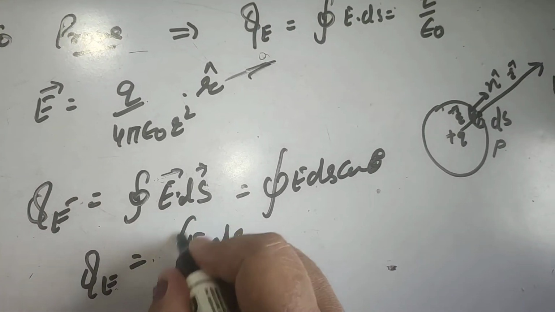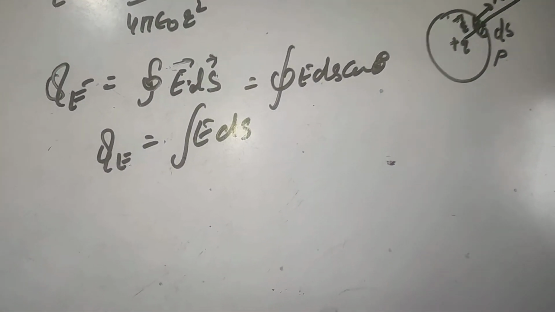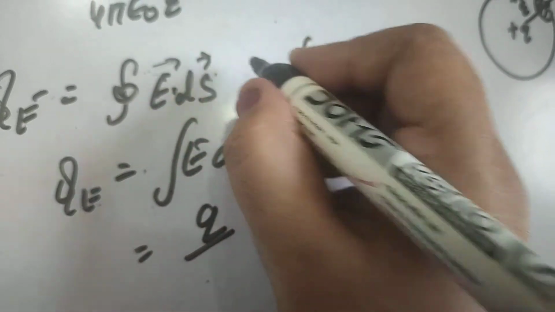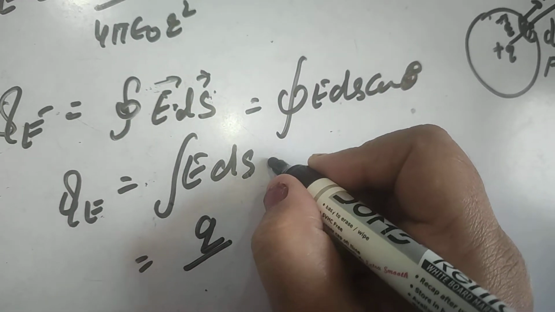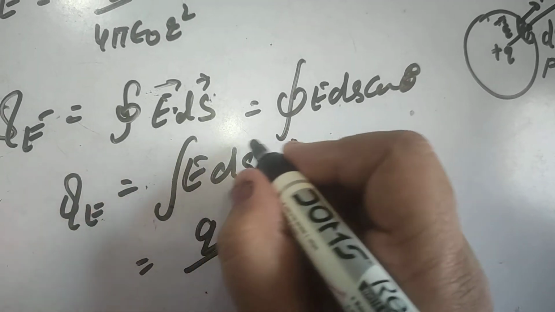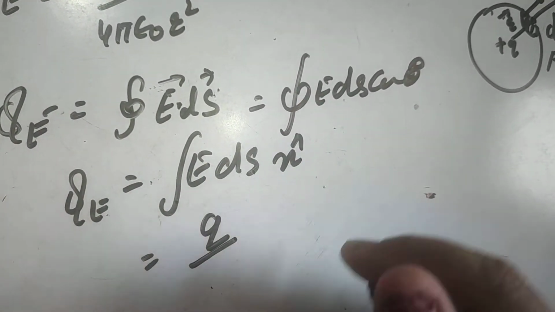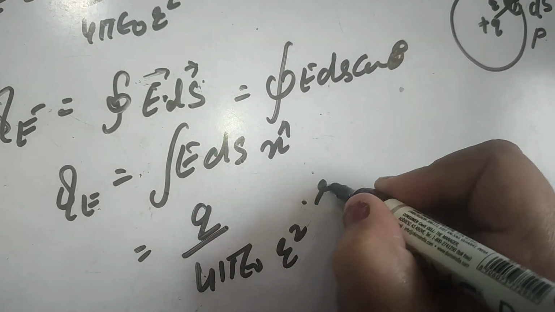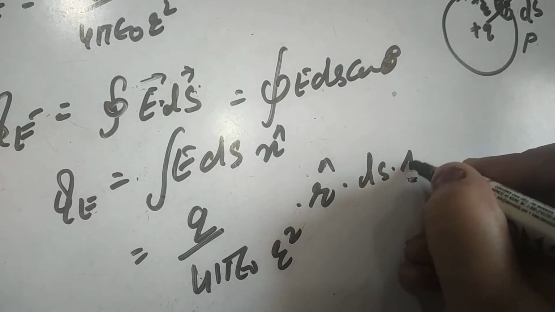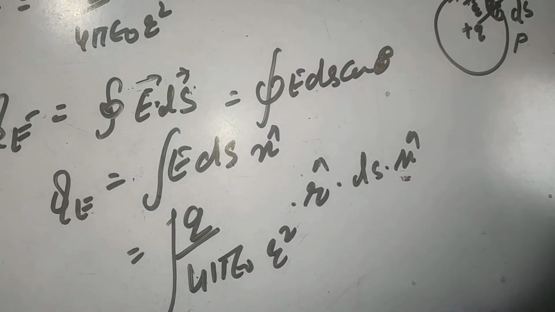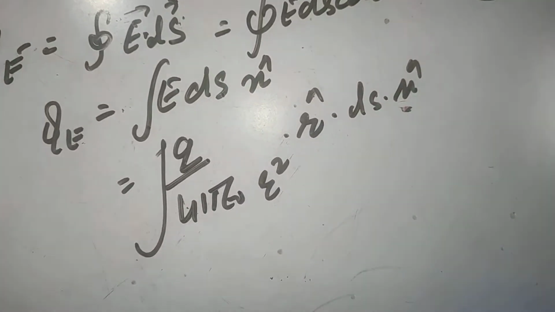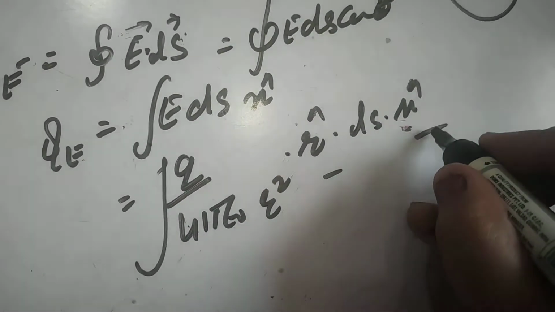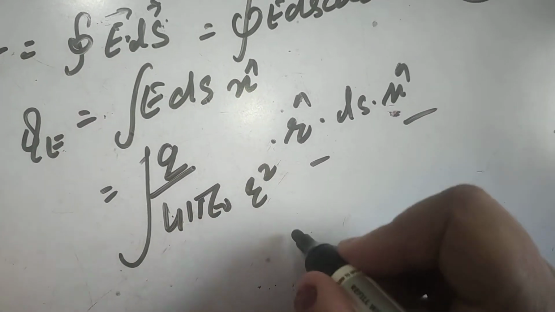So phi E is the integral of E ds. The ds vector can also be written as n cap ds. So we write Q upon 4 pi epsilon naught r square r cap into ds into n cap. Here r cap dot n cap: both are unit vectors, and the dot product becomes equal to 1.